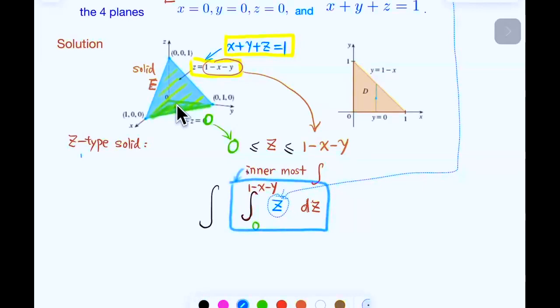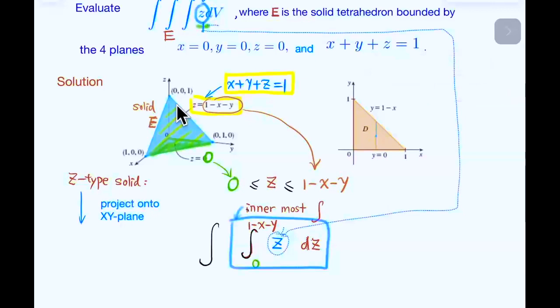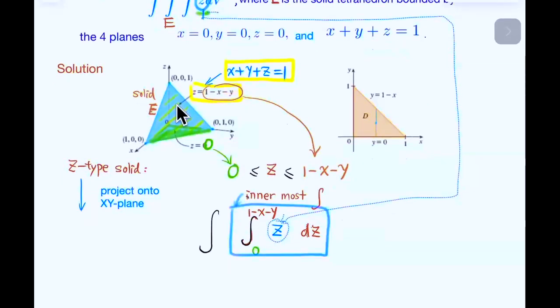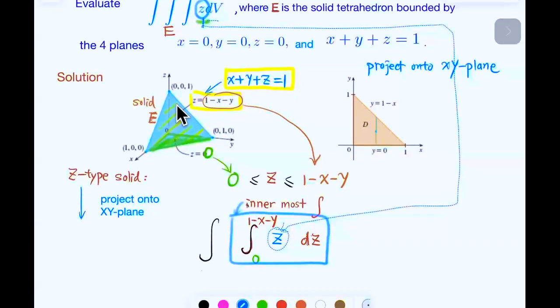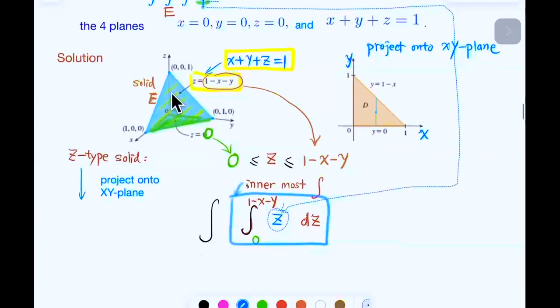So here is the projection onto the xy plane. This region can be type 1 or type 2, either way.